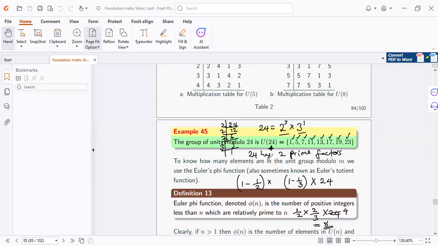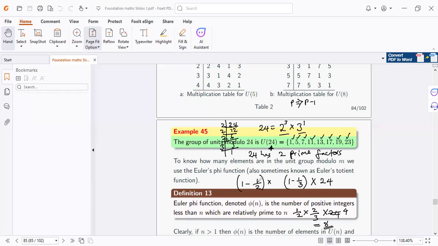So that means you don't need to list all these numbers. If the question is just how many they are, you don't need to list. You just find out if P is prime, and then it will be P minus 1. But if P is not prime, then factorize this number. Find out what prime factors are there.